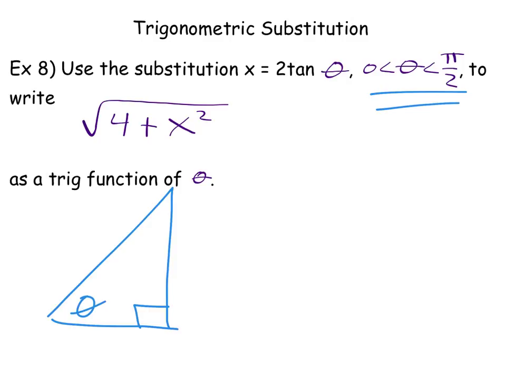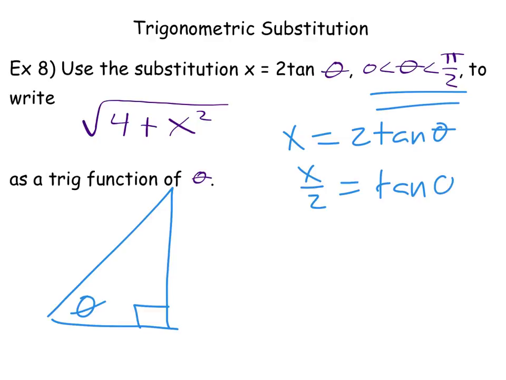Because here's what we know about our angle. x equals 2 tan theta. If I divide both sides by 2, I get that the tangent value of our angle is x over 2. Tangent is opposite over adjacent. That means this side on my diagram is x.